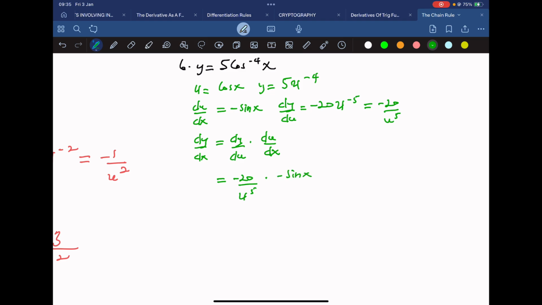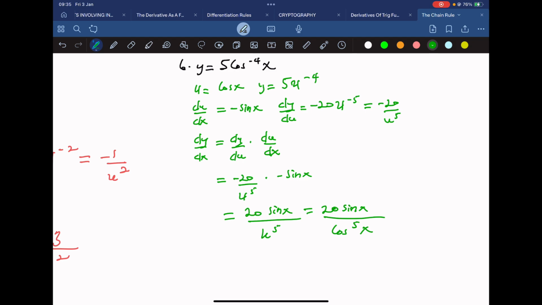Now if we multiply these two, the negative and negative go away, so we have 20 sine of x times e to the 5. Now we know that u in this case is cosine of x, so we have cos 5 of x. So that becomes your answer.